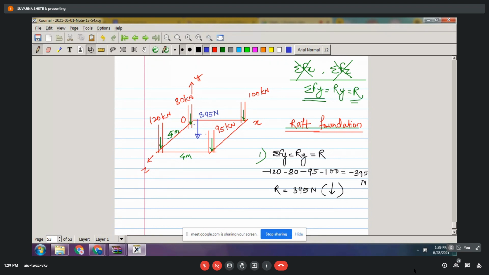Now just like these 4 columns which are resting on this raft foundation at the corners, suppose I consider that the intersection point of my resultant on this raft, on this base, is at x meter from the z axis, and with respect to the x axis it is z meters. Can I consider this? Yes, ma'am. Is it clear?